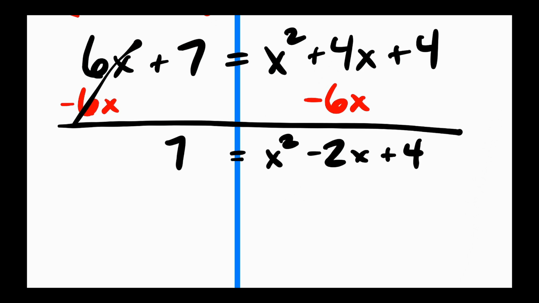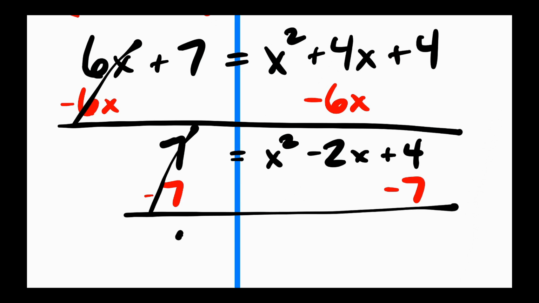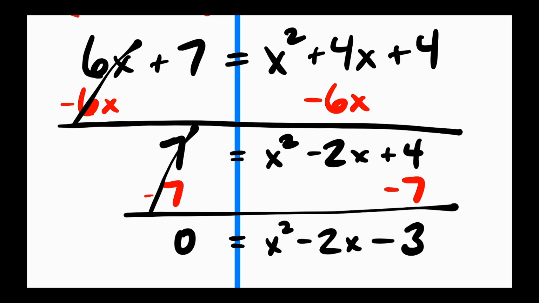Almost equals 0. I got a positive 7 over there. So now what I got to do is subtract it because it's positive. I'm going to subtract it from the positive 4 on the other side. Now that becomes 0. And I get x squared minus 2x minus 3.